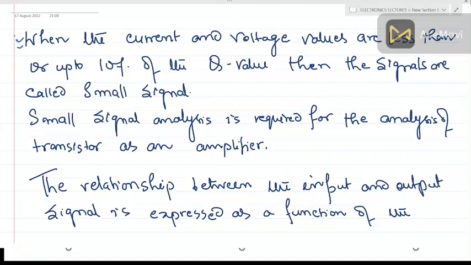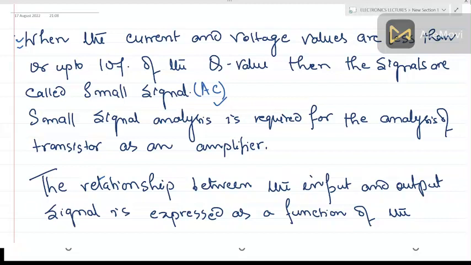So if you are getting the current and voltage values up to 10% of the Q value voltage and current, in that case, the signal is said to be small signal. And when we are talking about signal, we are specifically discussing the AC conditions because that has to be amplified.